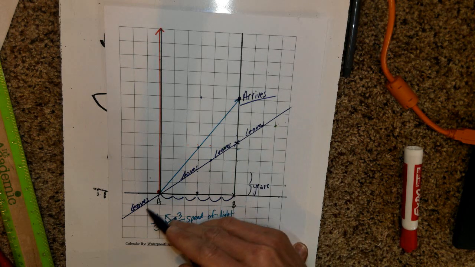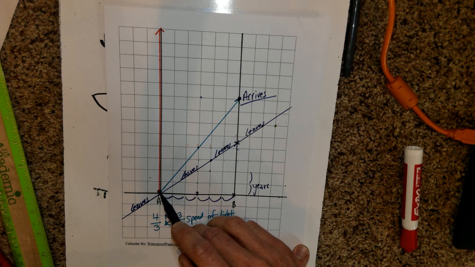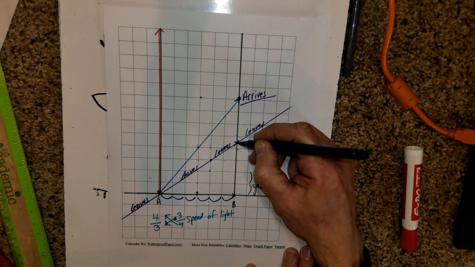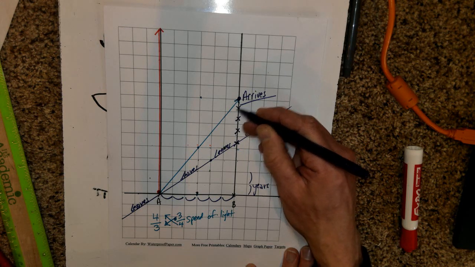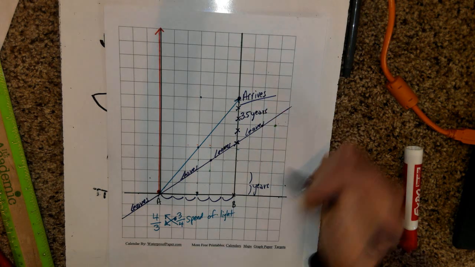You could pick any moment on here and say that's a moment he left. That's the same exact moment as this moment. So he left here and he arrived there. So it took him 1, 2, 3.5 years to get there.